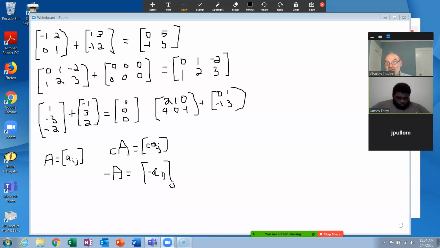Okay? Well, guess what? If this happened to be a column matrix or a column vector, and you multiplied it by -1, you'd have gotten this one. That is the opposite, also called the additive inverse, of matrix A. Okay.